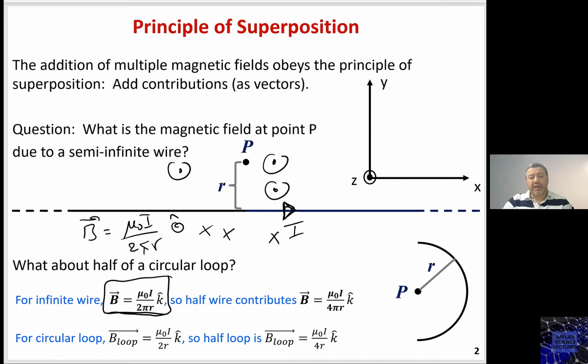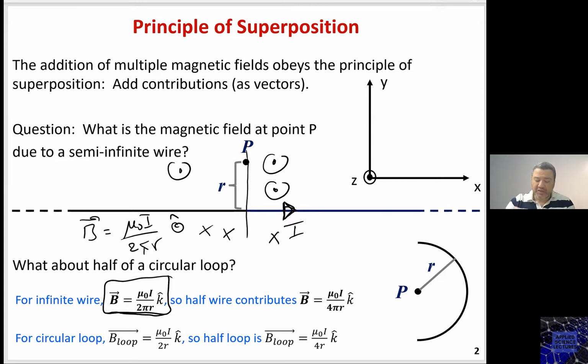Now, if I'm looking at a semi-infinite wire, which is basically half the wire, and I cut the wire right here at the point P and only take one side of the wire, the magnetic field would be half of the magnetic field for the infinite wire. The direction is not going to change. The direction is always perpendicular to the wire and the point of interest.